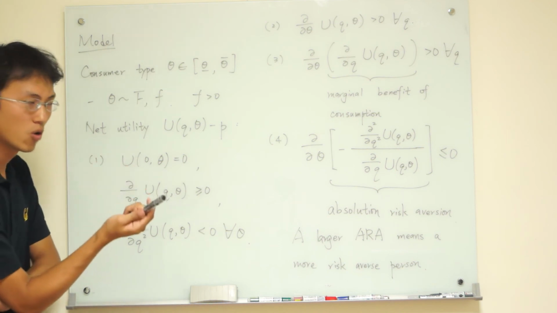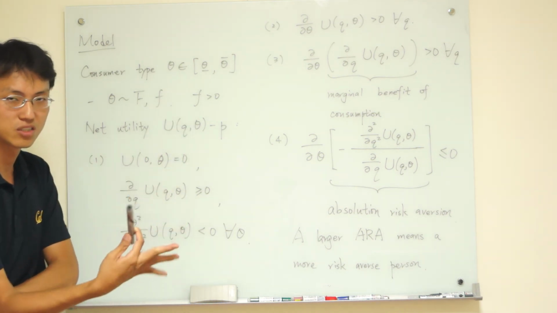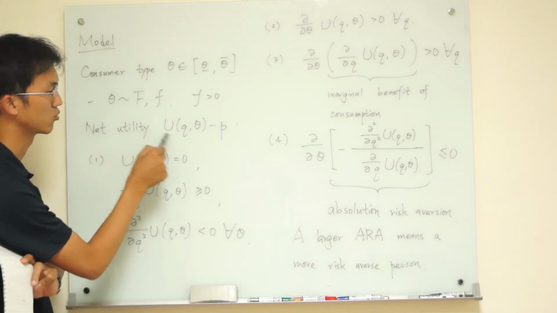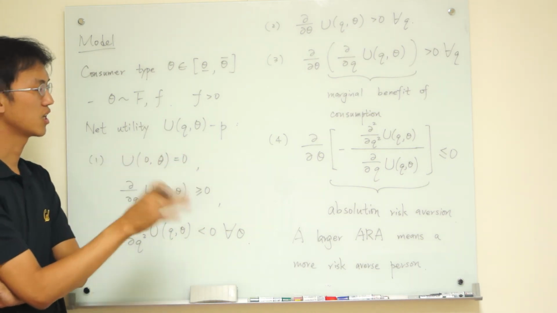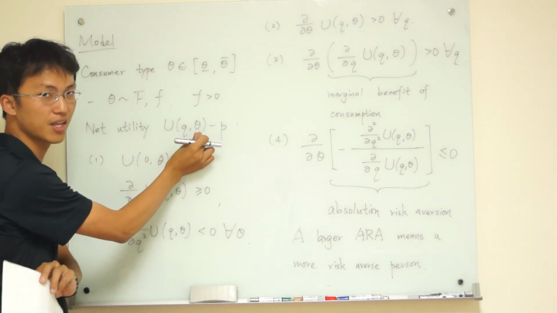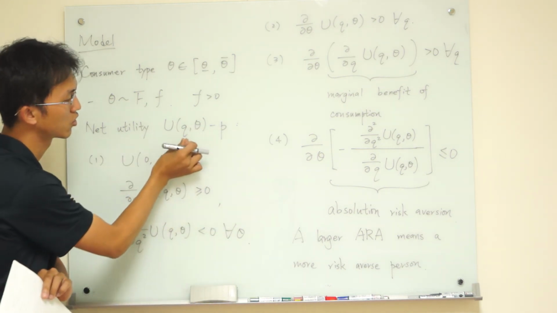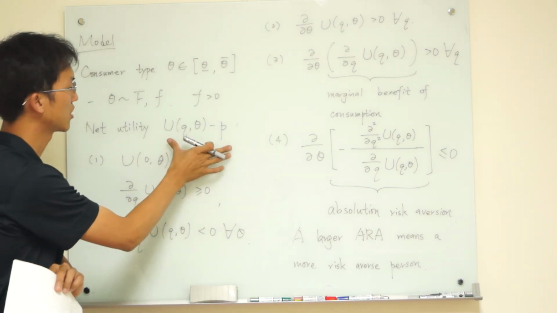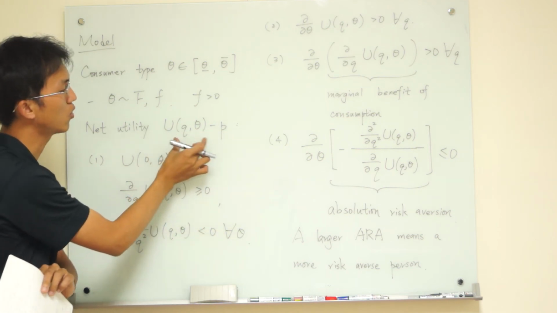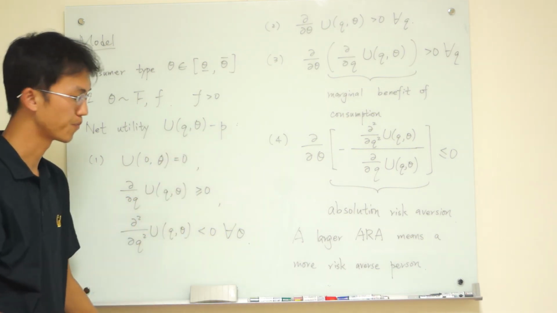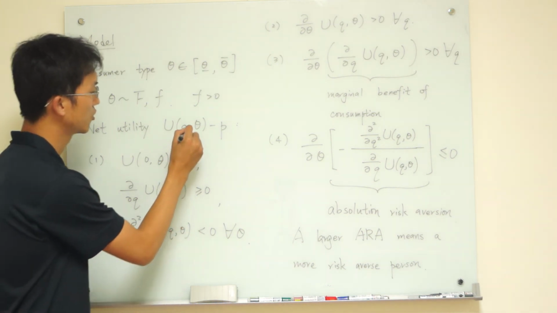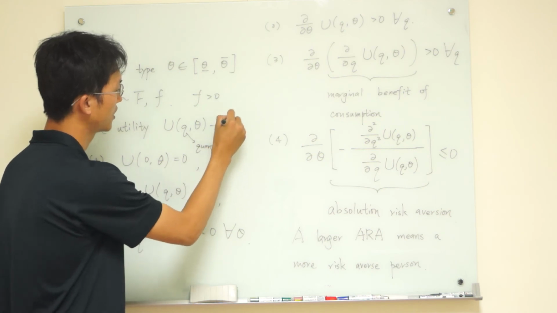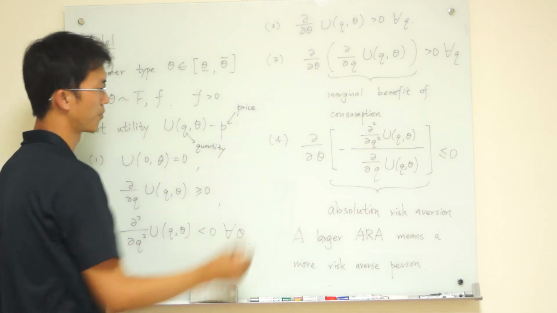Okay, so how does theta determine a consumer's preference? By entering the net utility function. We say when a consumer of type theta consumes Q units of the goods by paying P, the net utility would be U of Q, theta minus P. Here Q is the quantity and P is the price or the payment.